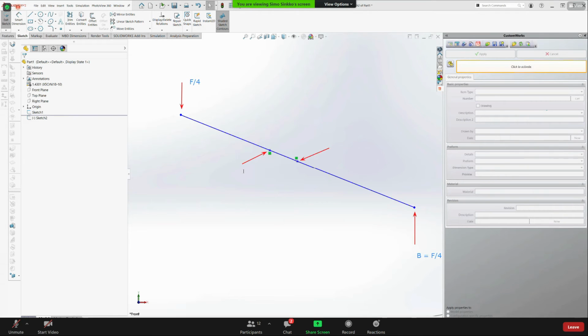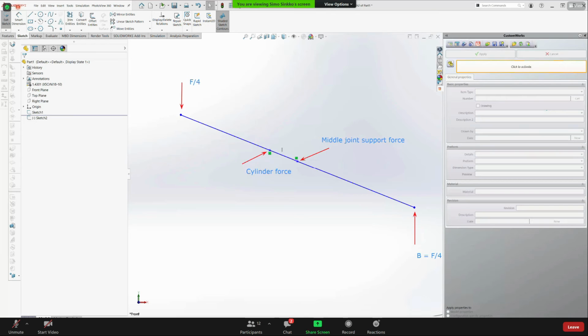And in here we have the cylinder force. And in here we have this middle joint, if we put it like this.